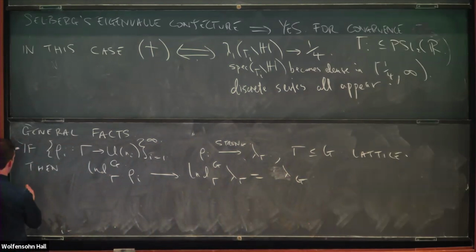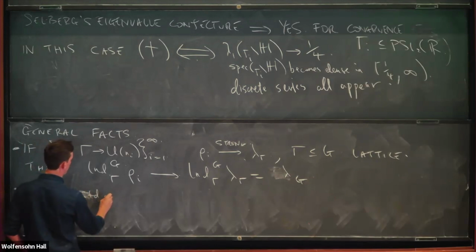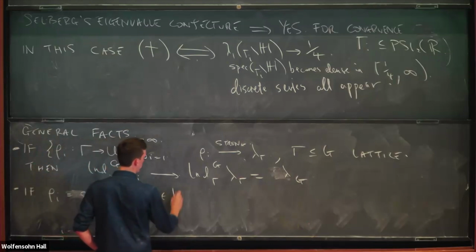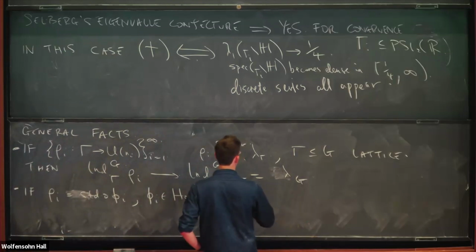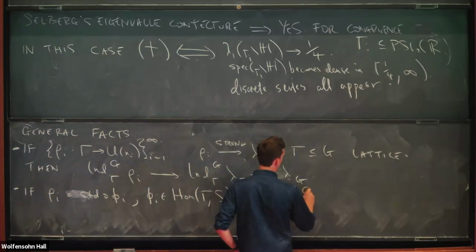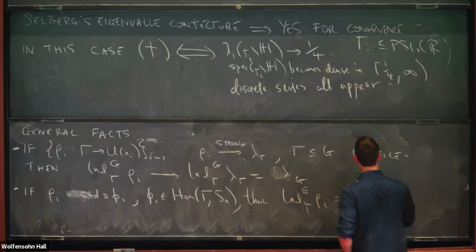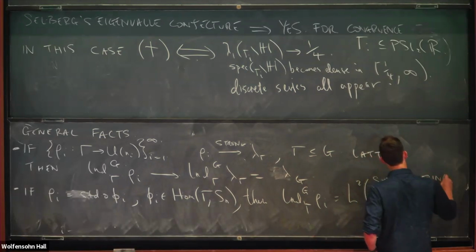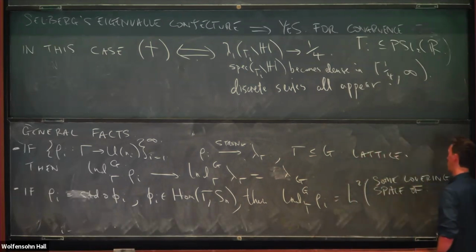The second fact is if the rho I are exactly the composition of the standard representation of Sn and some phi I, where phi I is in Hom from gamma to Sn, then when you induce from gamma to G rho I, this is L2 of some covering space of G mod gamma.